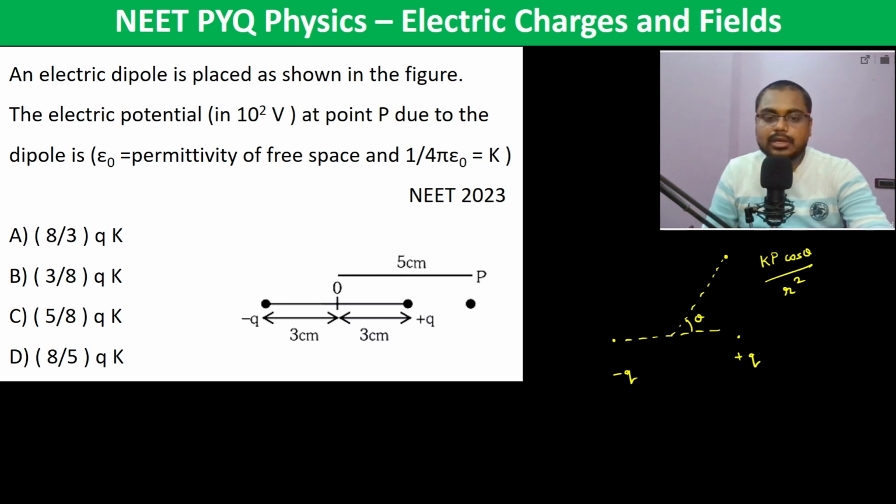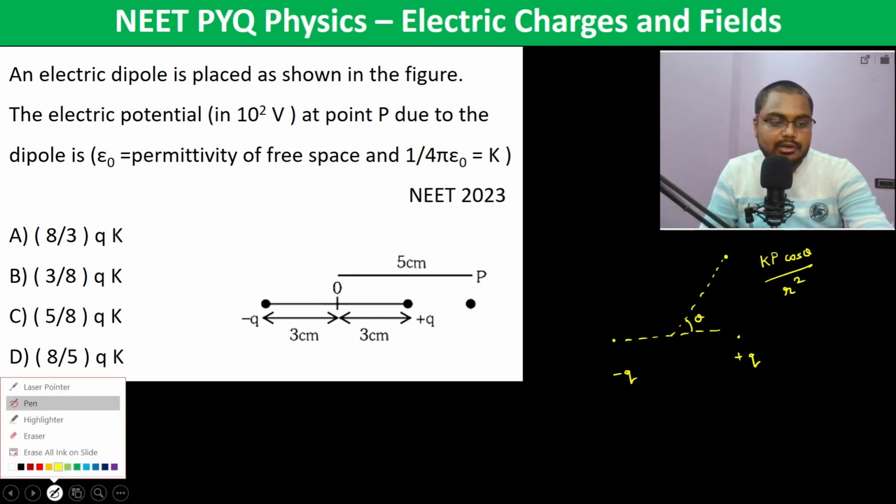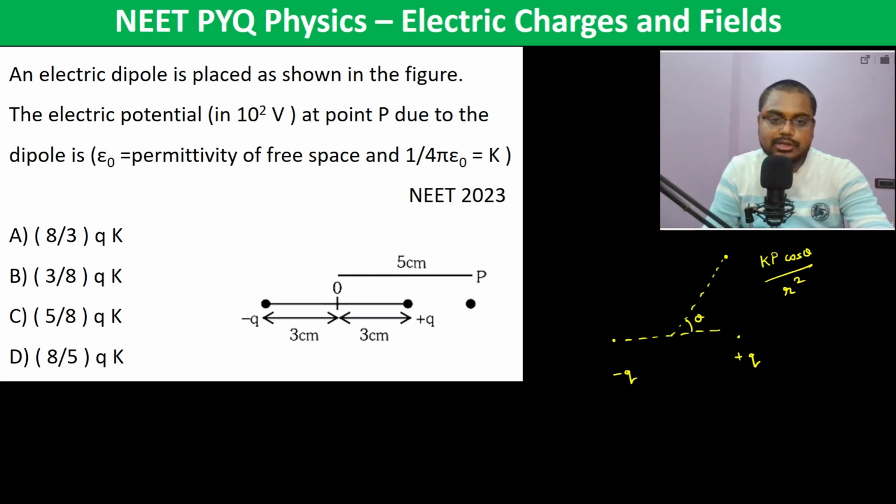Now here we are taking it on the axis, so theta will become 0 degrees. So it becomes k into p, and p is q into 6 centimeter, divided by r square.